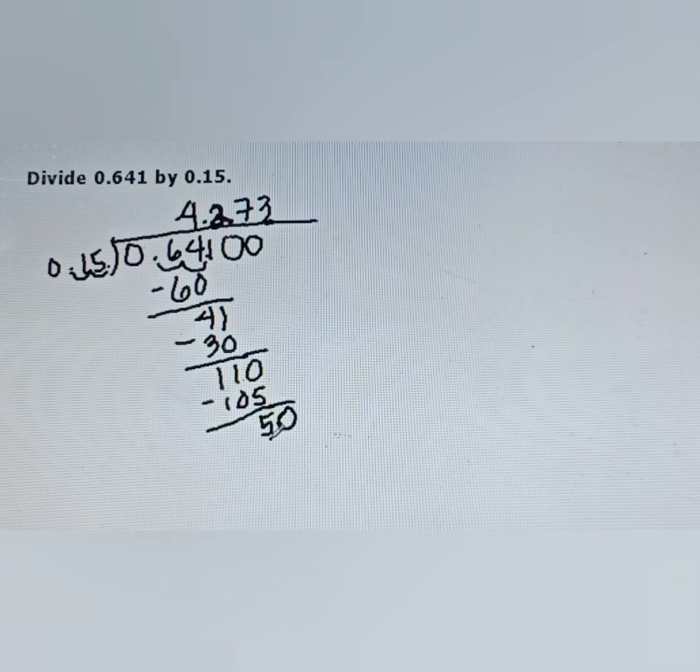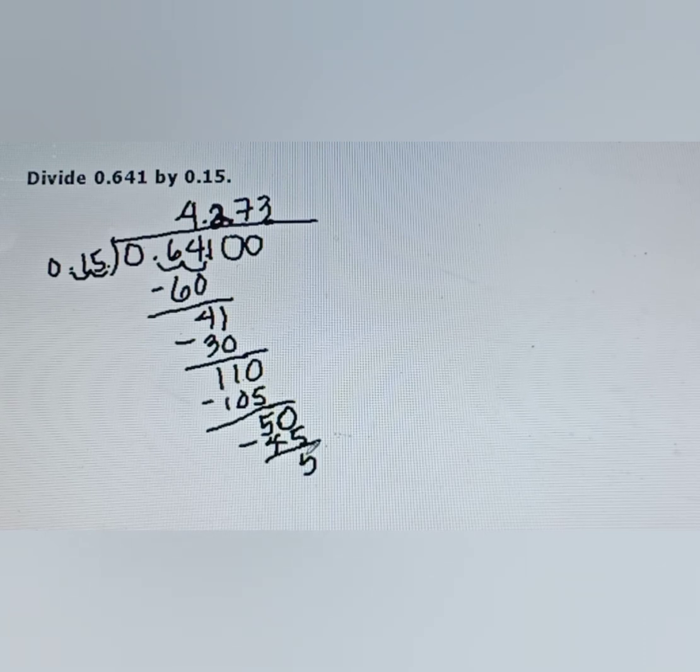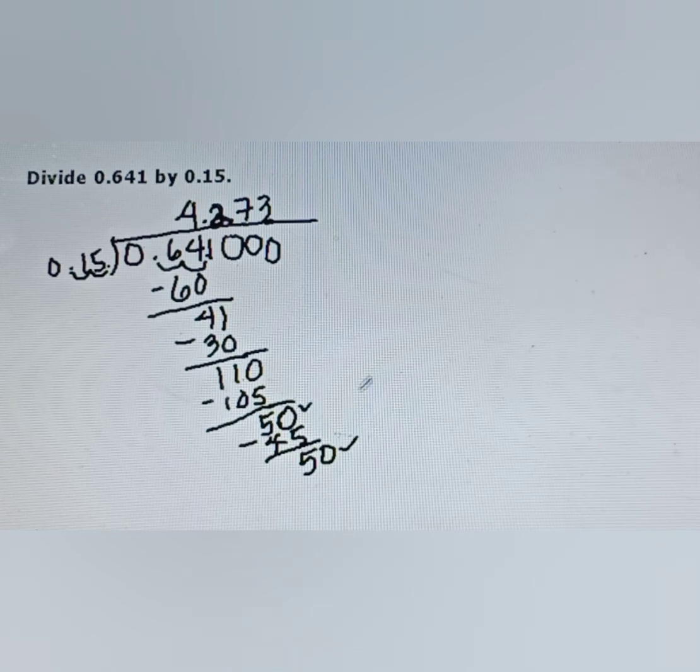So let's write 45 here. Then subtract. It's 5 again. Then add 0, that's 50 again. So if you notice, this will repeat, correct? So meaning that the 3 here will repeat. So the next is 3, then 3, 3, 3.